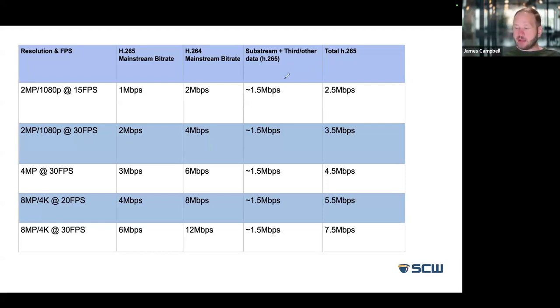We basically say that uses about 1.5 megabits per second across the board, which gets our final bandwidth count for the cameras over here on the far right. So you can see, a typical 1080p camera at 30 frames a second would use about 3.5. A 4K camera at 30 frames a second would use about 7.5 megabits per second per camera.